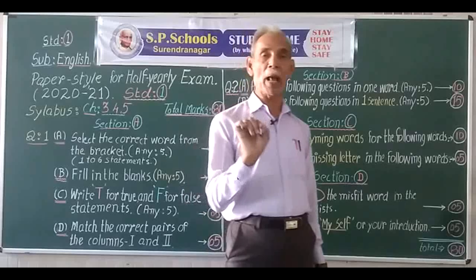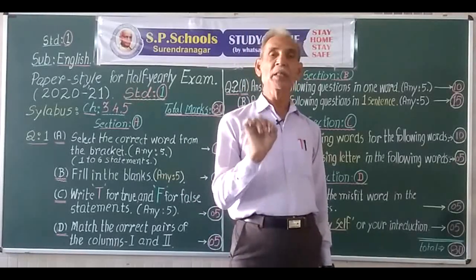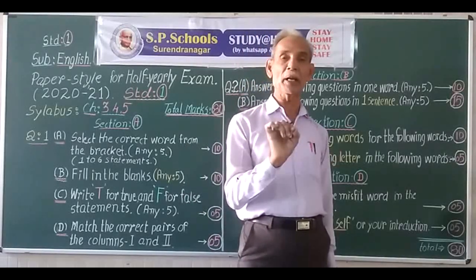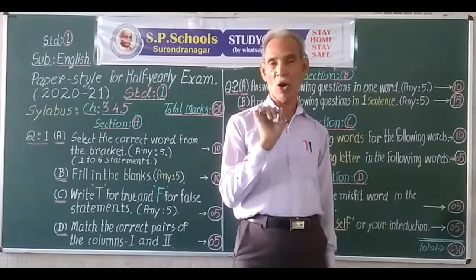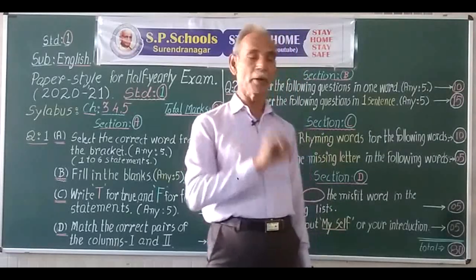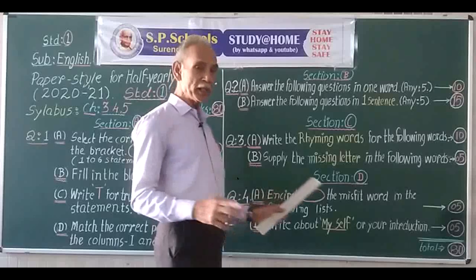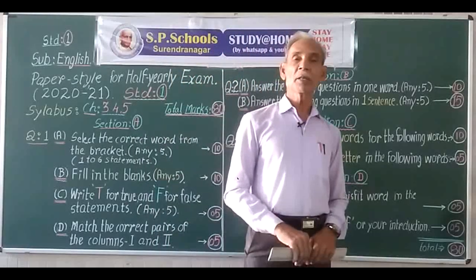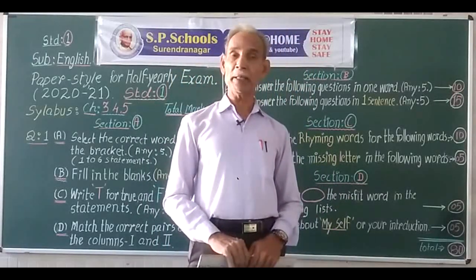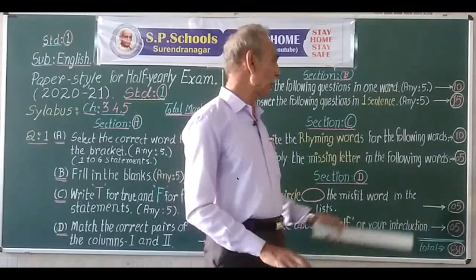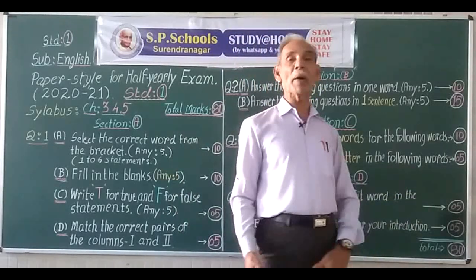You have to supply or write the missing letter in the spelling of that word. It's very easy. Practice spellings, prepare them, memorize them. It will help you to get 5 marks.